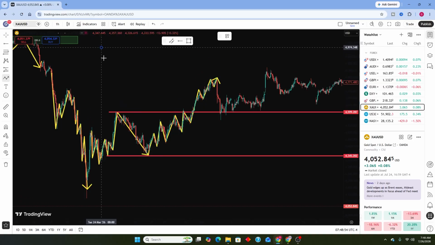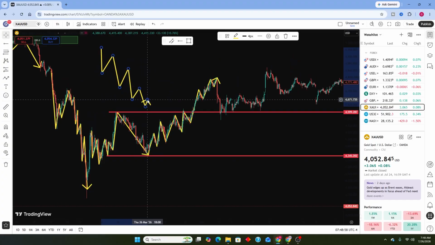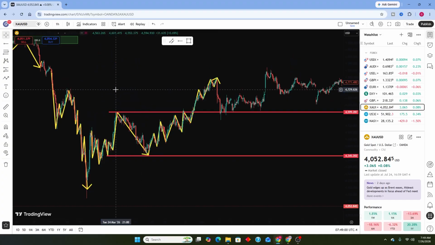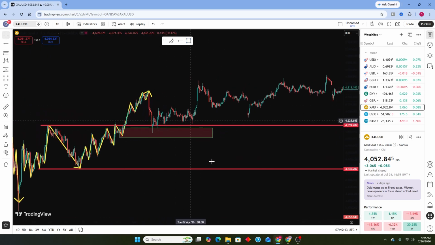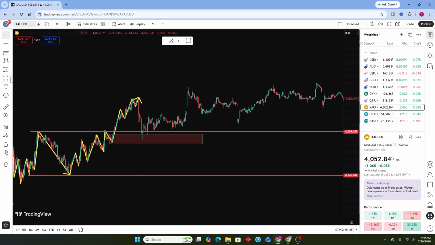You're going to get this motion going down in a trending down market. You want to understand where to position yourself. You feel me? Once you understand where to position yourself, you can then understand where to place the trades.